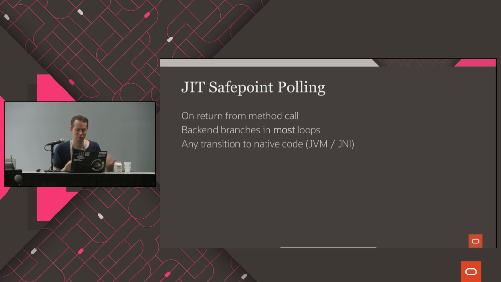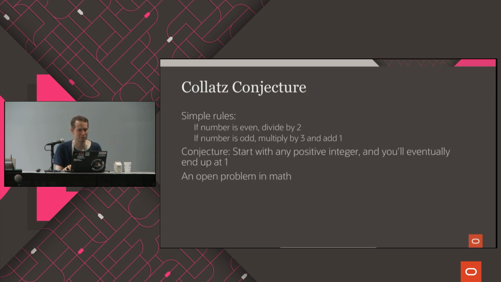The Azul one seems to do it at the beginning of the method, in the method prologues. So anytime you call into another method, you get a safepoint. Anytime you call into the JVM, there's another safepoint. And then for most loops, anytime we have a back edge where we're jumping to an earlier location, we're also going to put a safepoint in there. So if you're stuck in a loop for a long time, you don't freeze up the JVM.